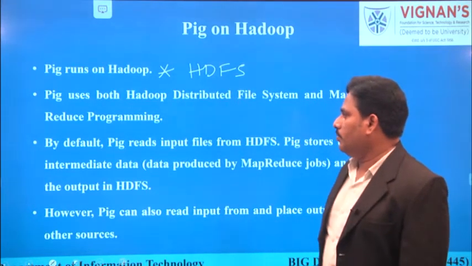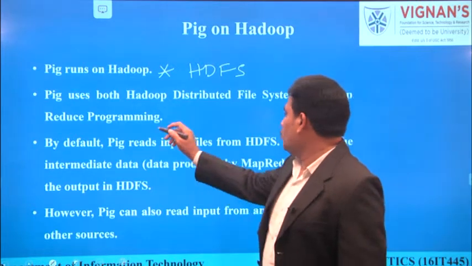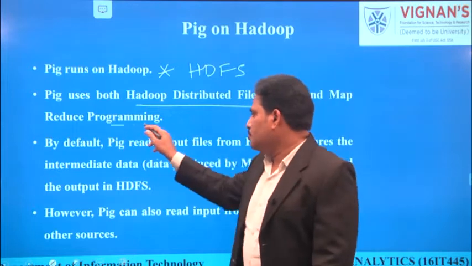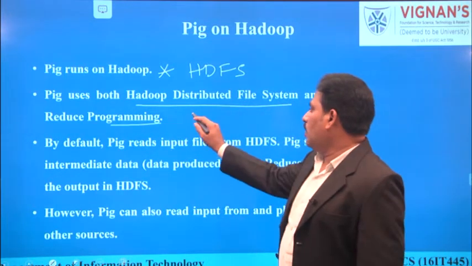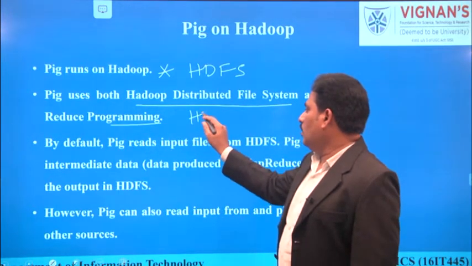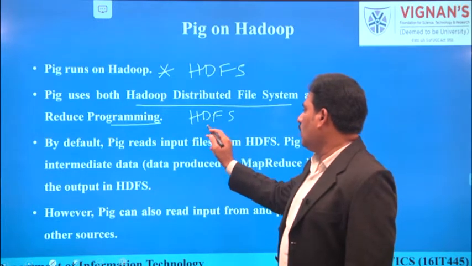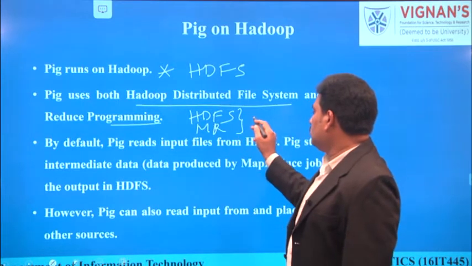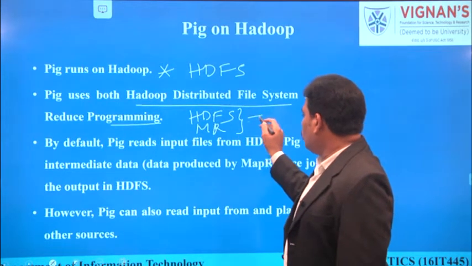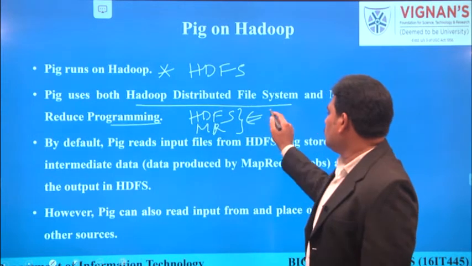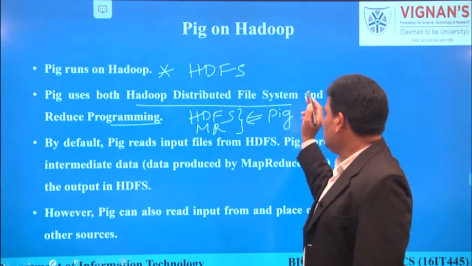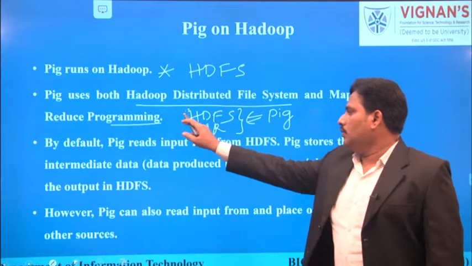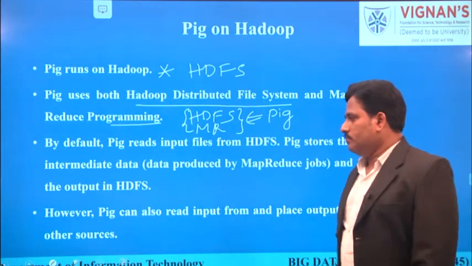Pig uses both the HDFS file system as well as MapReduce programming. That means both components of Hadoop, HDFS and MapReduce, are used, and Pig can execute on both of them. We can execute Pig programs in these two environments.